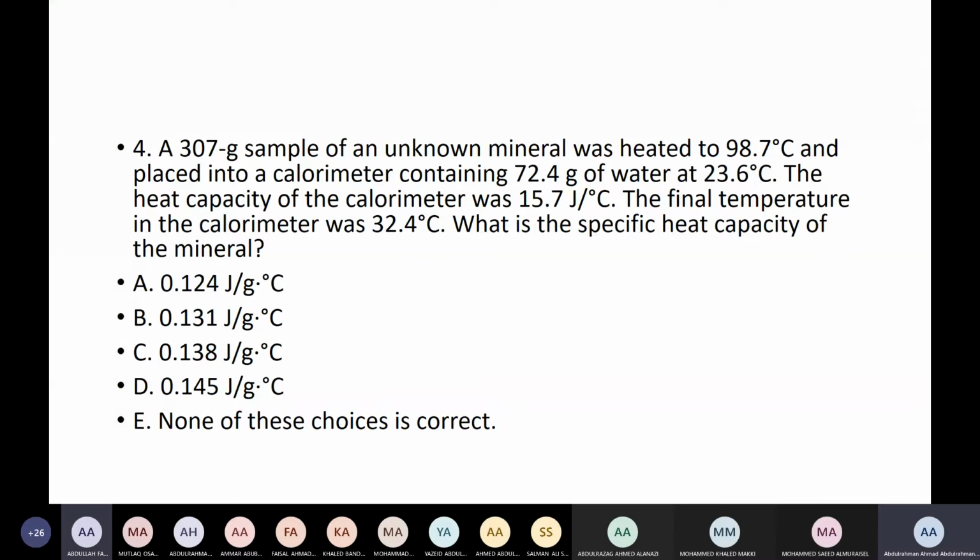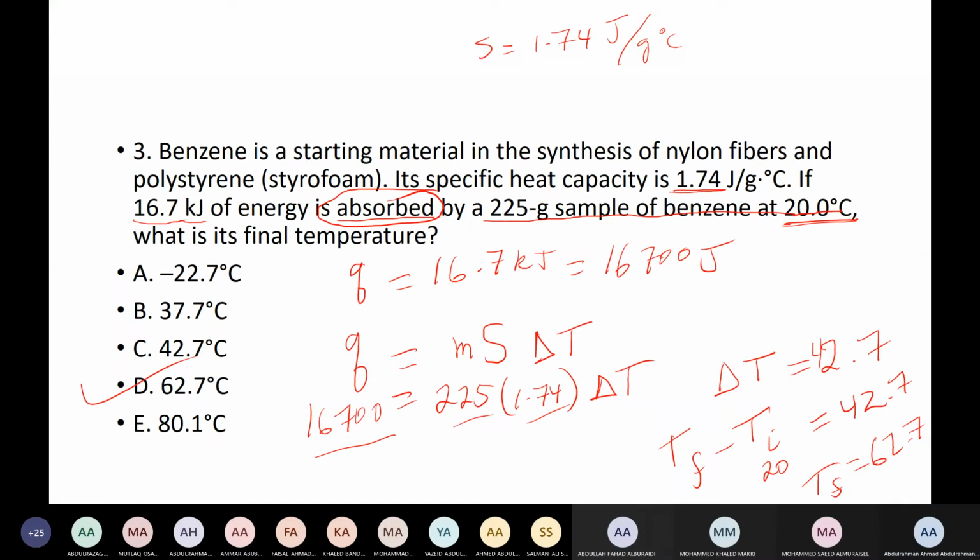What is the answer for the last question? D. Okay.